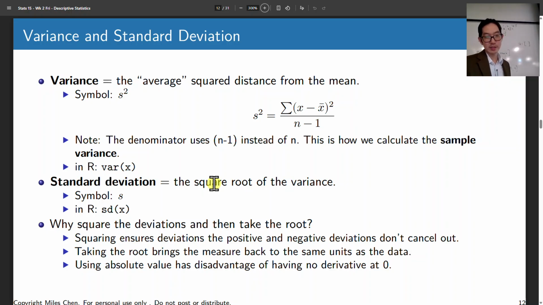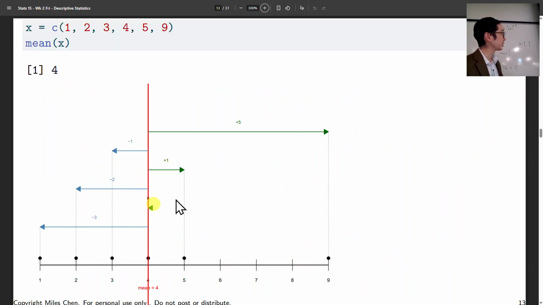All right, so here's the diagram. Remember we had this data set 1, 2, 3, 4, 5, and 9, all right? And here's my mean, and basically what I'm doing is taking the deviations, how far each dot is away from the mean. I'm asking, what's the average deviation?